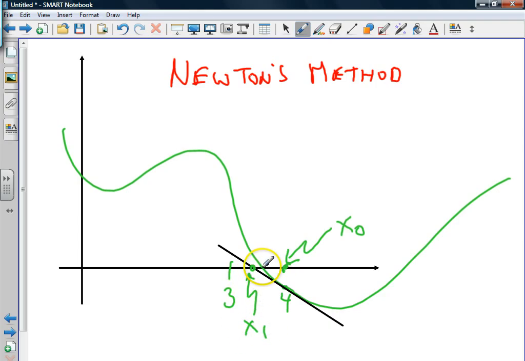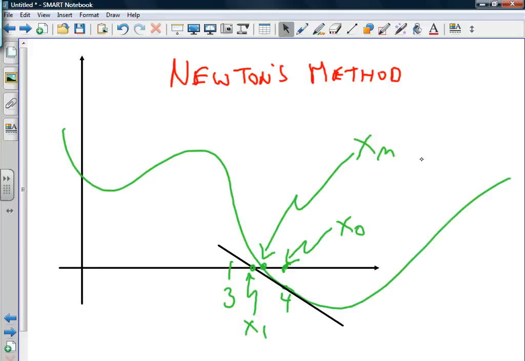I want to get to my best guess, let's call it x sub n. I don't know how many times I have to do this to get a good guess, but it's n times, let's say, okay? 5 times, 10 times, 12 times, whatever it is. Somewhere along the line, my guesses are going to get so close to the real answer that they're going to be indistinguishable from that answer. You're going to get like a convergence table kind of an effect, okay?